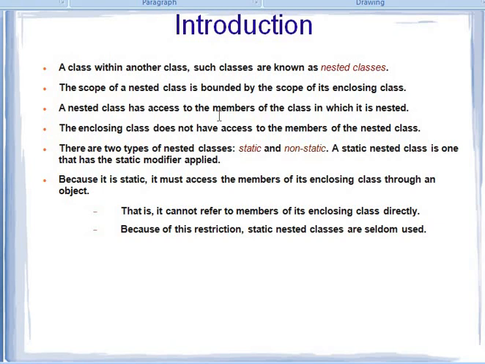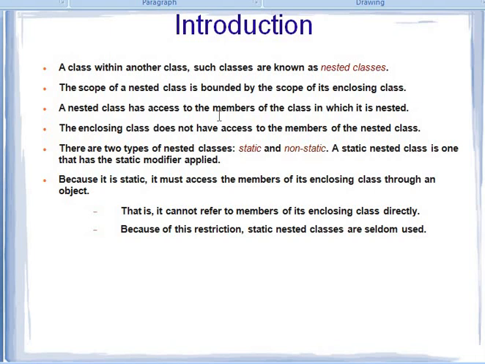Suppose we place static with the inner class, then static class inner class. Inner class is the name of the class, so that class becomes a static member. So a nested class which has the modifier static is a static nested class.